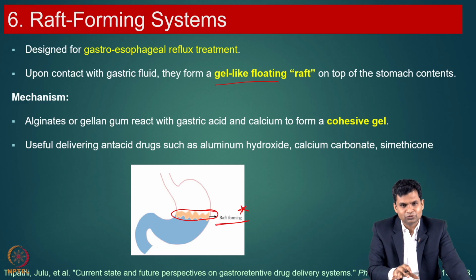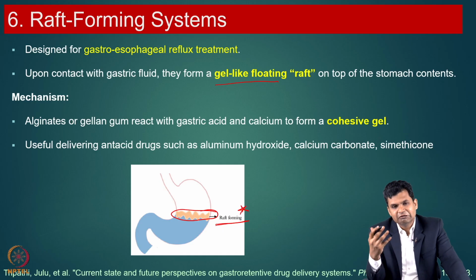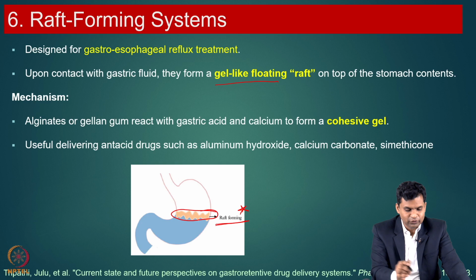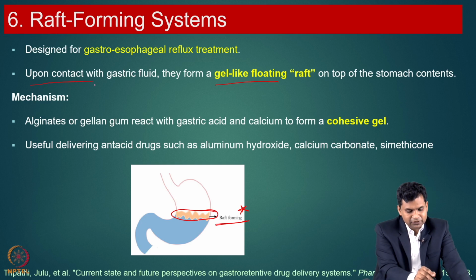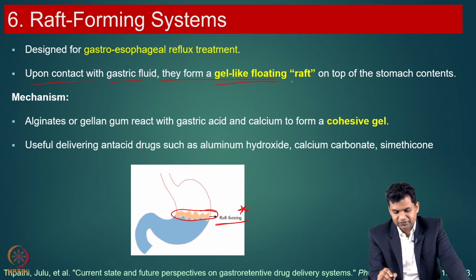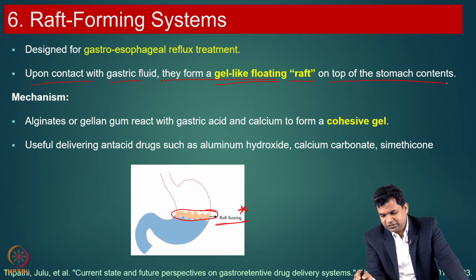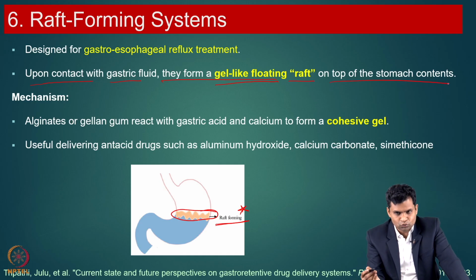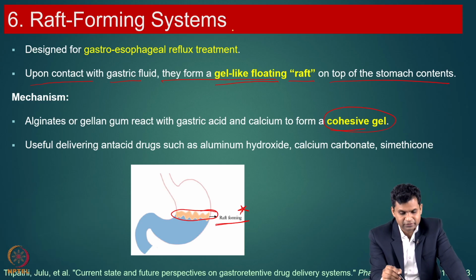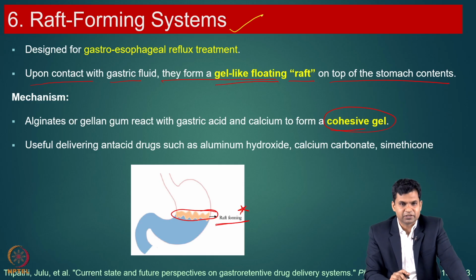These systems will form a gel after interacting with the gastric fluid, as you can read here. Upon contact with the gastric fluid, they form a gel-like floating raft on top of the stomach content, which is also known as cohesive gels, and which will create the raft in the stomach.